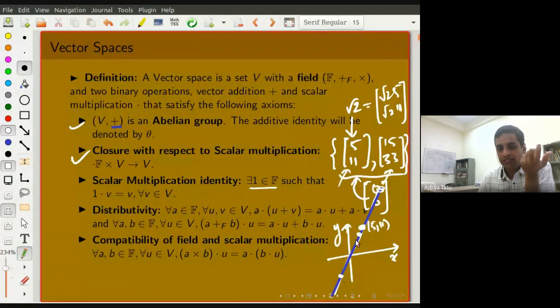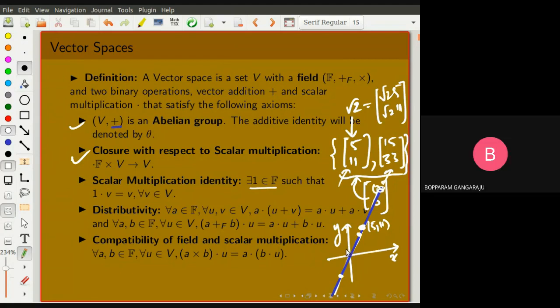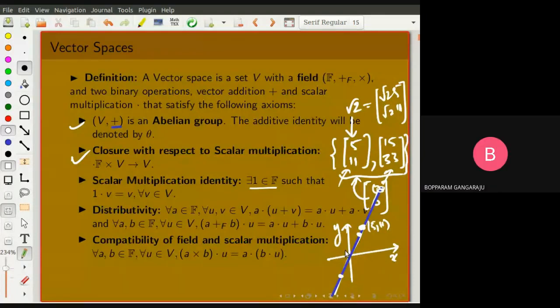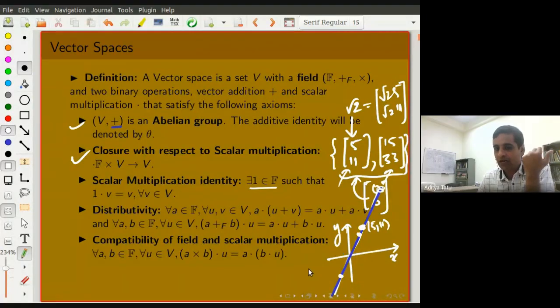Right. So one thing is for sure, any other vector space will have to contain this blue line for it to form a vector space. It cannot be smaller than this, right? Yes, sir. So what is the other vector space that is possible? The XY plane, or R2.